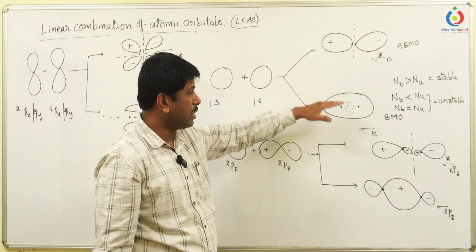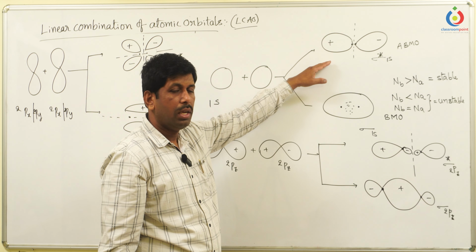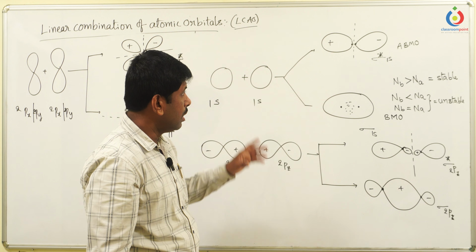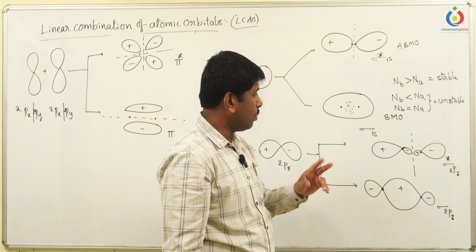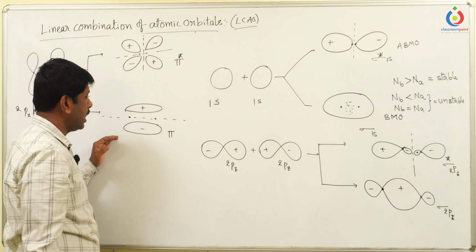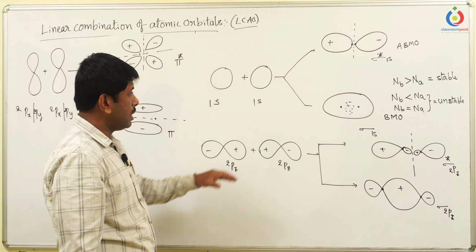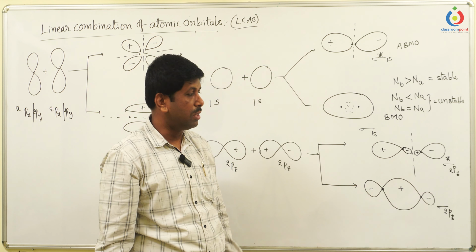That means half always belongs to the bonding molecular orbital and half to the anti-bonding molecular orbital. Now both bonding and anti-bonding molecular orbitals are of two categories, sigma orbitals and pi orbitals. All sigma orbitals and sigma star orbitals are symmetrical, while pi orbitals are said to be unsymmetrical in nature.